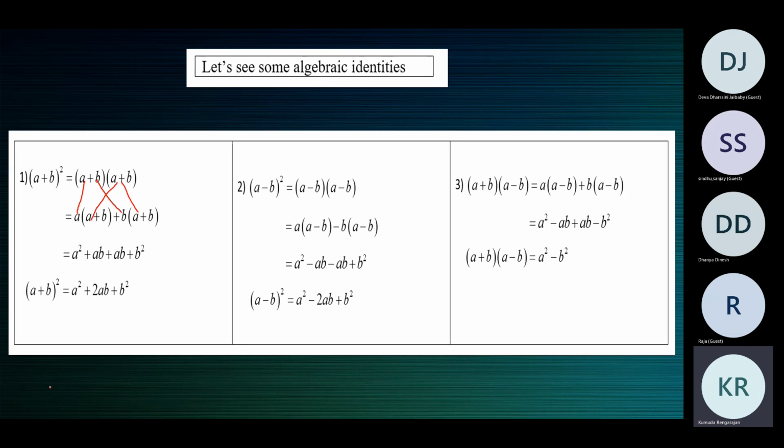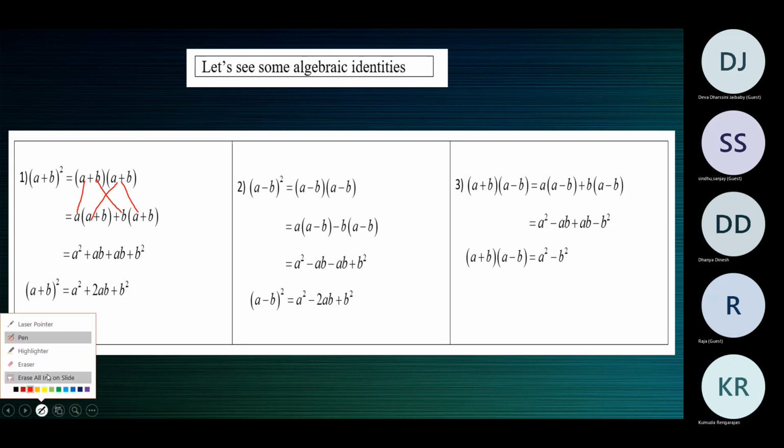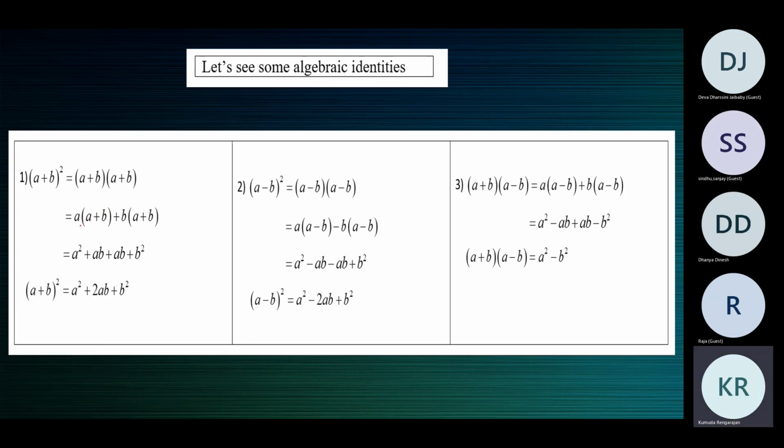Now how do we continue the multiplication? A into A is A square. A into B is AB. You know, children, when you're multiplying the terms, please multiply the sign before them. So A and B, what sign do they carry? A carries a positive sign, B also carries a positive sign.